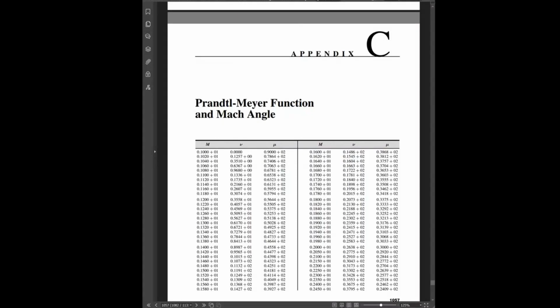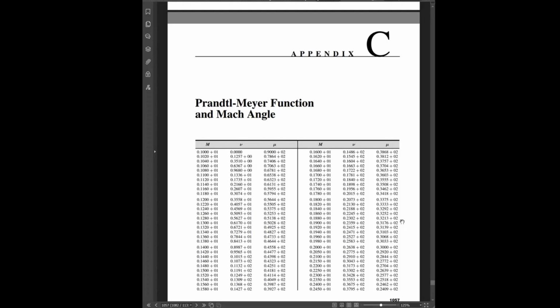Okay, this is Appendix C, which gives a relation between Mach number, Prandtl-Meyer function, and Mach angle, mu, which could be calculated analytically, as we know by formula. Nu also calculated analytically as function of Mach, but because we have this table, we do not need to calculate here in class or for our fast calculations.